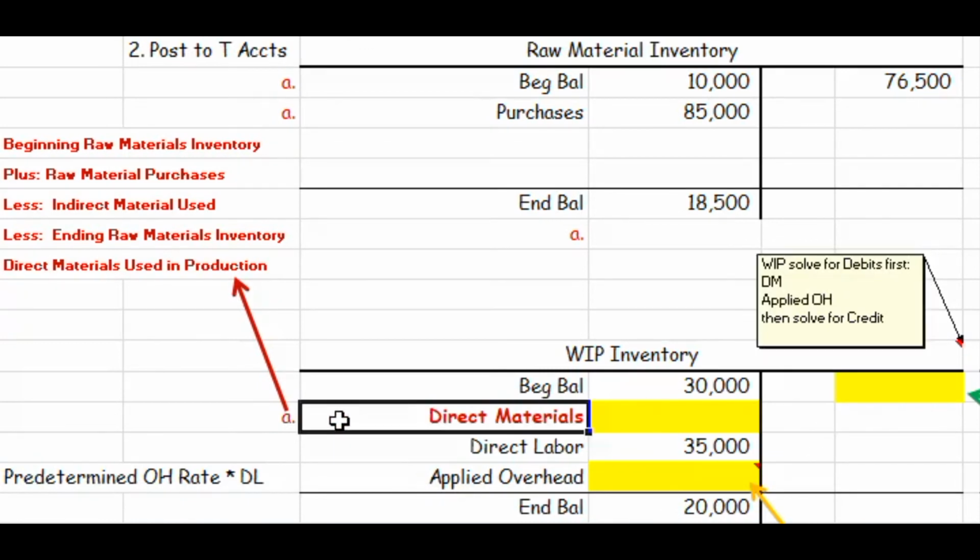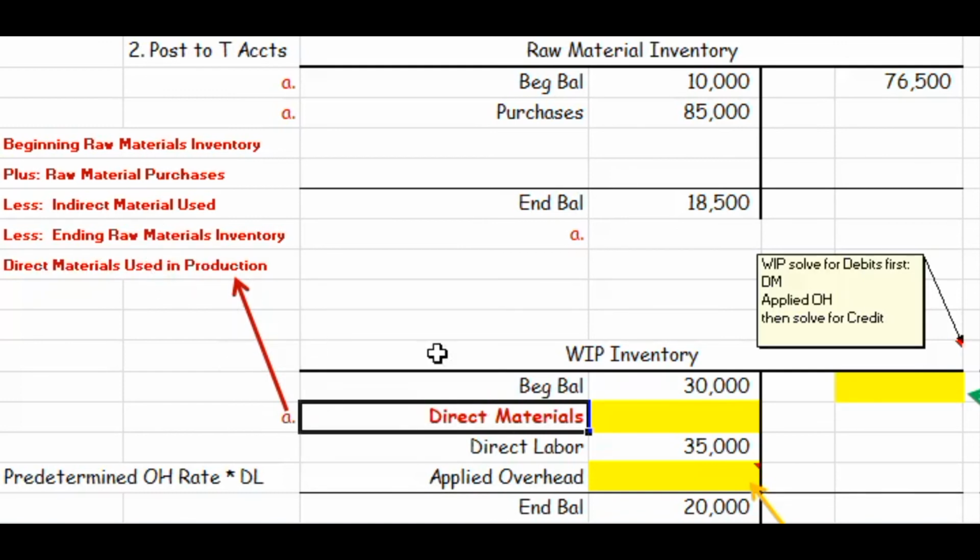So here we have direct materials. We need to solve for direct materials. Here is the equation for direct materials. Beginning raw materials inventory plus raw material purchases less indirect, which is down below in the T account for manufacturing overhead. It was given in our problem, less ending raw materials, which we have. So it's direct materials used in production.